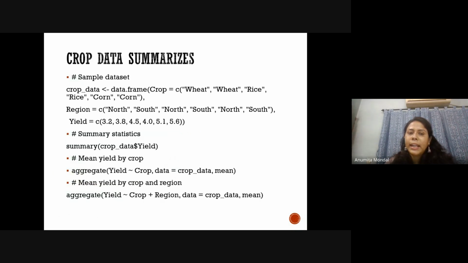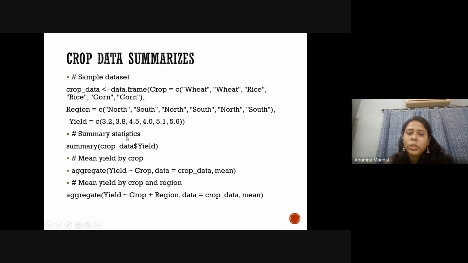Then I have taken a data set to summarize. Suppose I have taken the data set of wheat, rice and corn, and the region where the data is coming from, north or south. In the data I have plotted wheat, rice and corn, whether the data is harvested in the north, in the south, or in any other direction, and then the yield value.